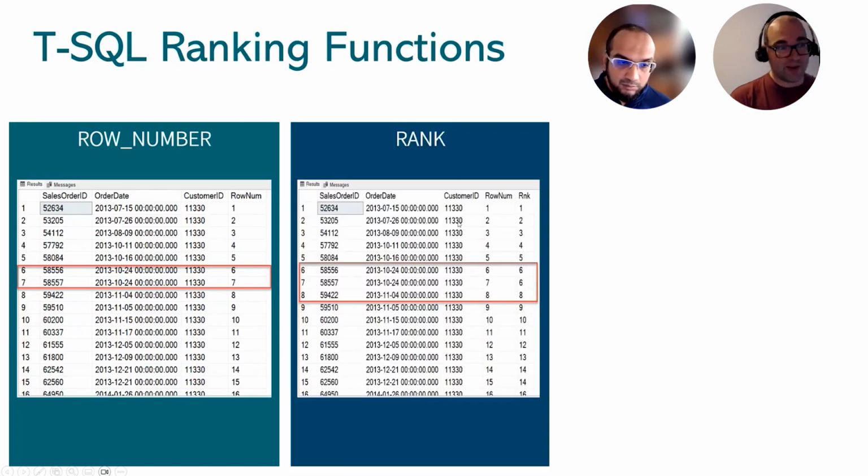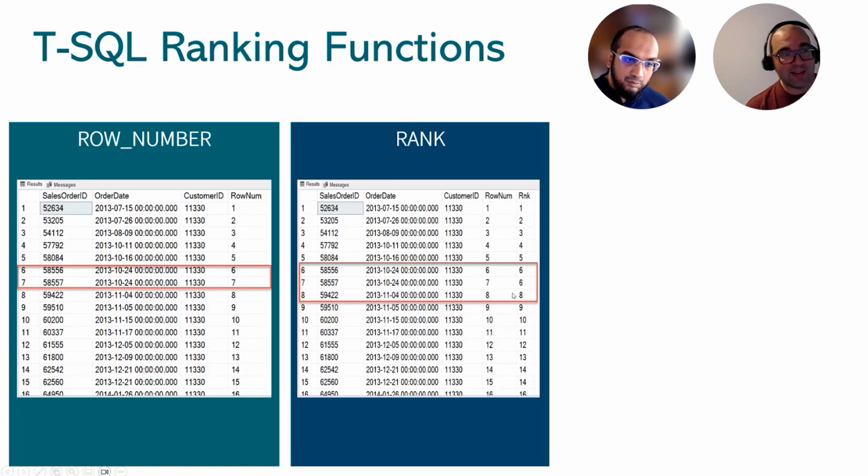Whereas if I use the RANK function, and here I have 24th of October, as you see, it goes like 6, 6, because in this set of rows, this one is a tie basically. So RANK will return number 6 for both of them.